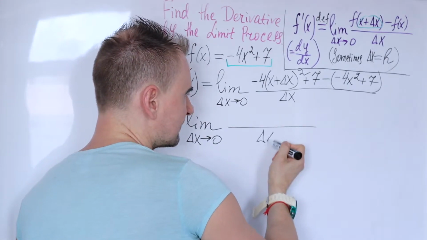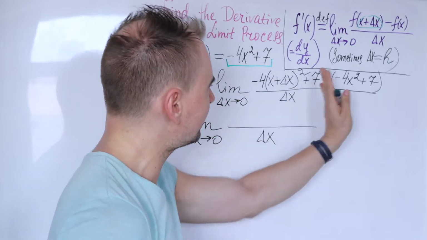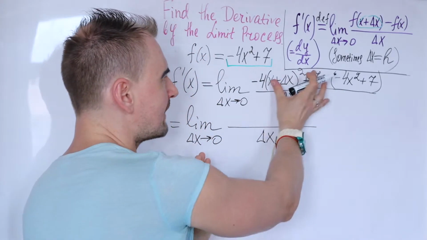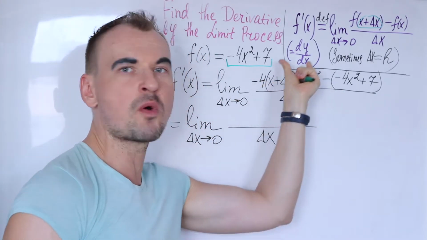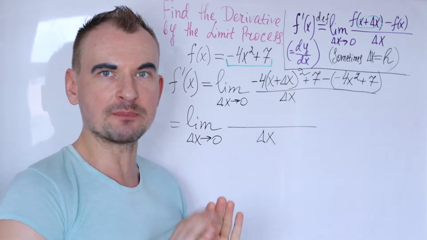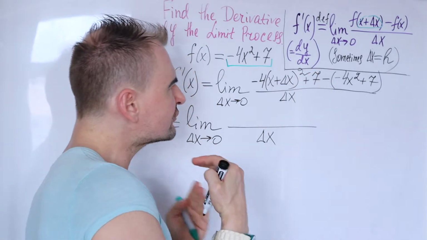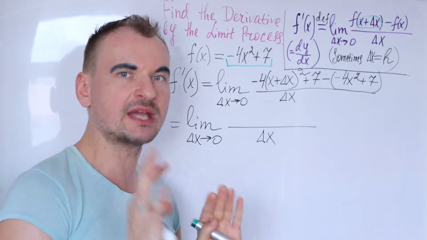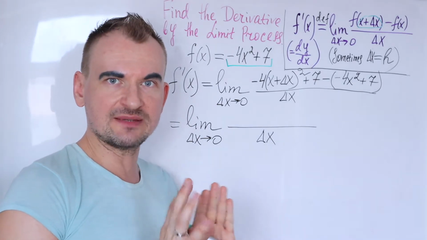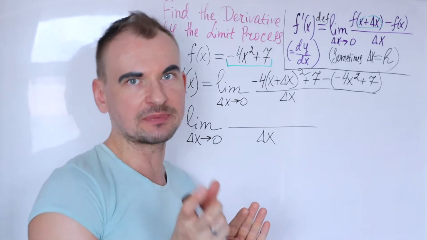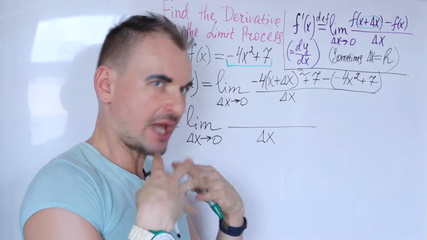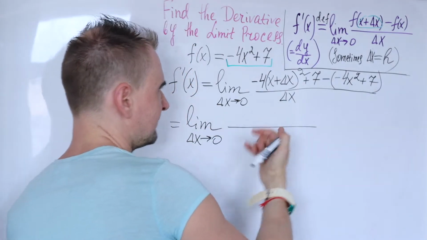Write down the bottom as this, delta x, and simplify within the top. Open up the parentheses, and since you have a binomial squared, open it up. You could simply use the formula a plus b squared, or you could take this binomial and multiply it by itself and FOIL it out.